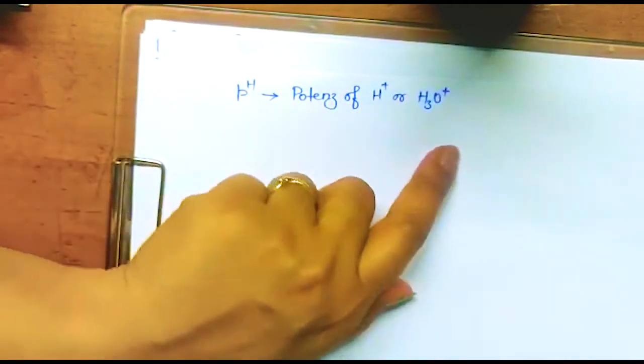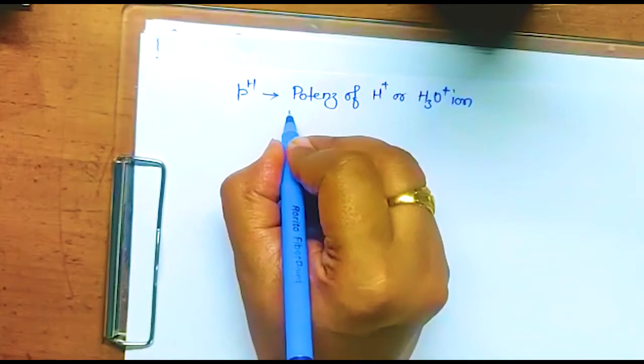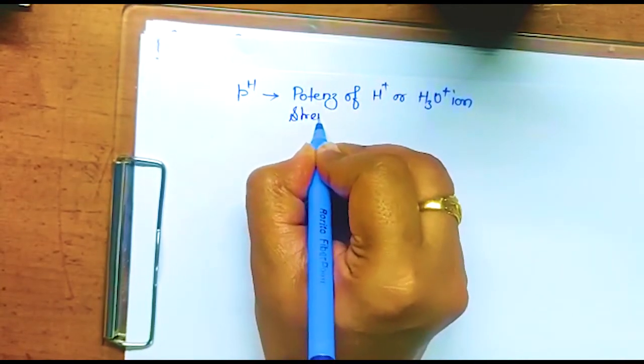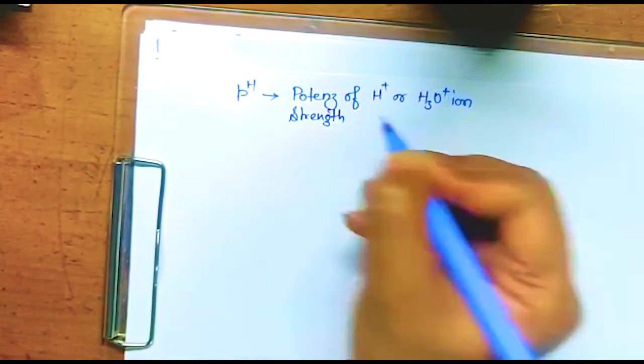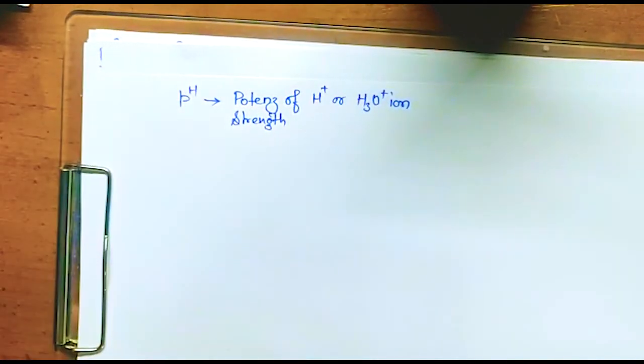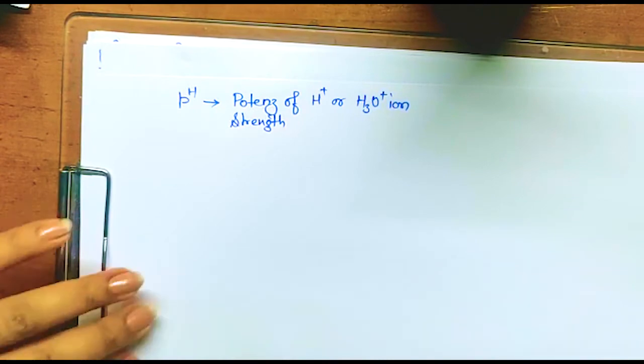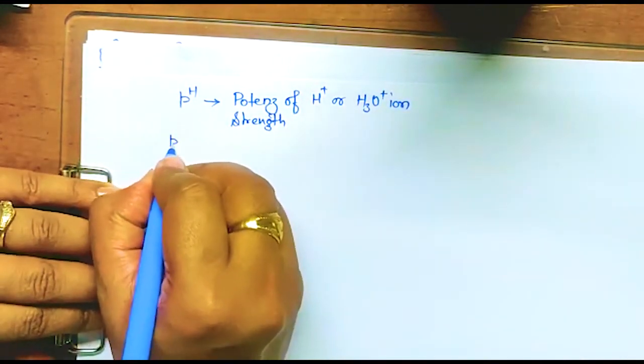Hydrogen or hydronium ion. Got it? Okay. Potence means strength. Strength of H plus ion. That means in any solution, this pH will tell you the concentration, the strength of H plus or hydronium ion in that solution.